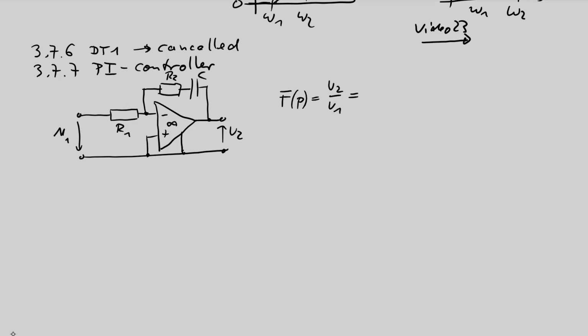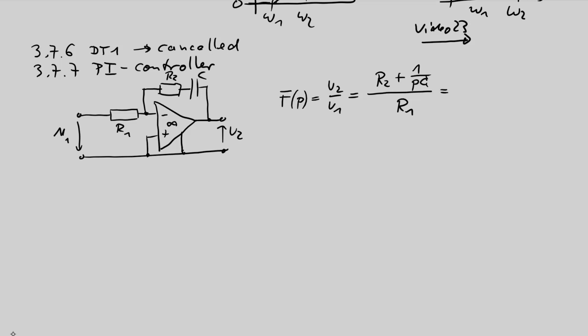Again, U2 over U1 is Z2 over Z1. Z2, the feedback impedance, is the sum of the series connection elements. This is R2 plus 1 divided by pC, divided by the input impedance R1.